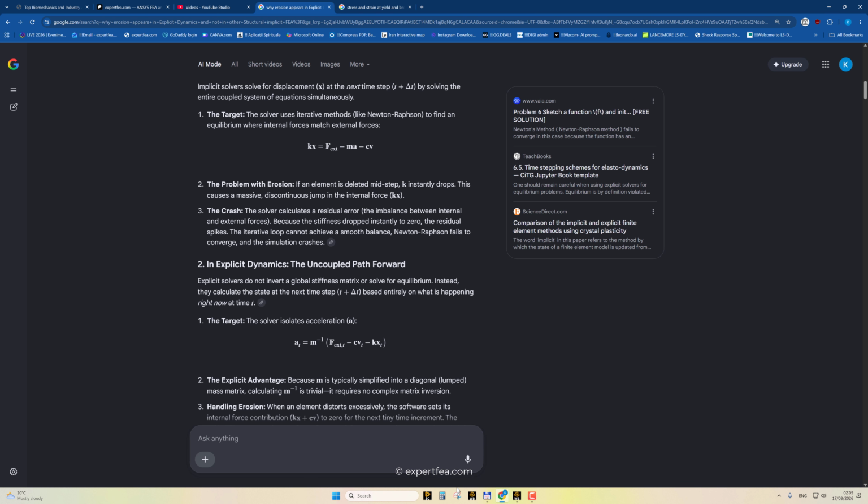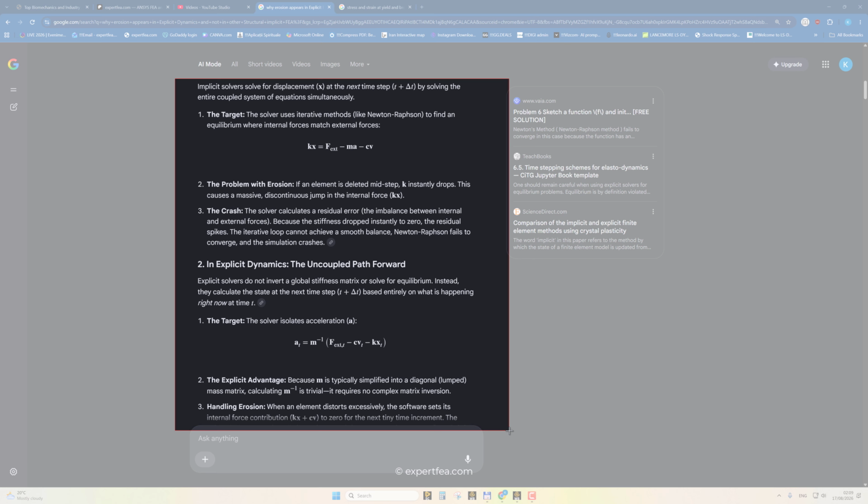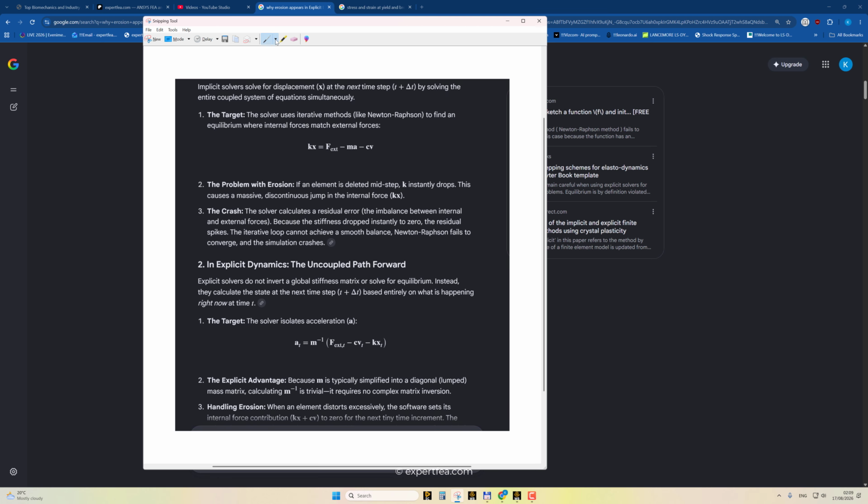Let me write it here. So it solves for x, which is the external force minus the applied force minus the other force, over k, which is the stiffness matrix.